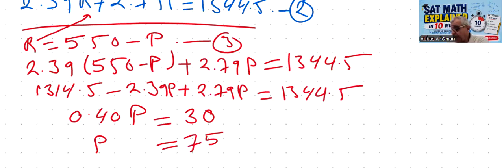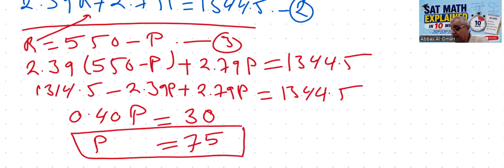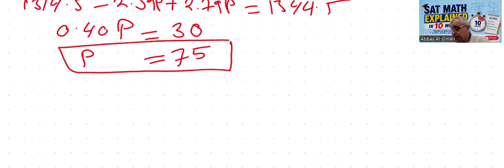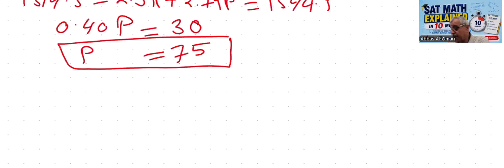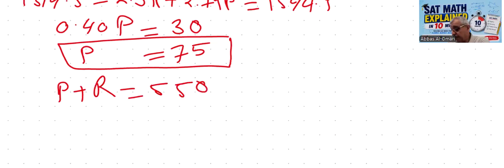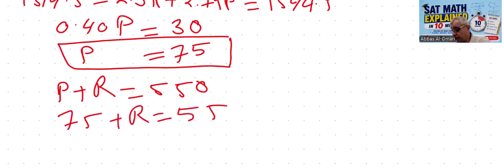So we get the value of P. Now we know that P plus R equals 550, so 75 plus R equals 550, so R equals 550 minus 75, which is 475.